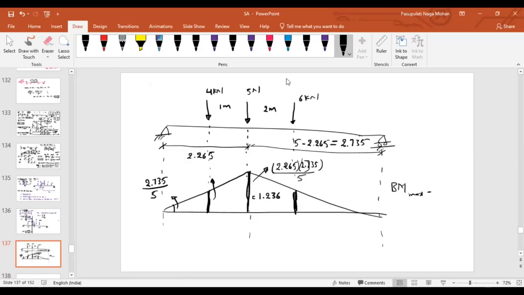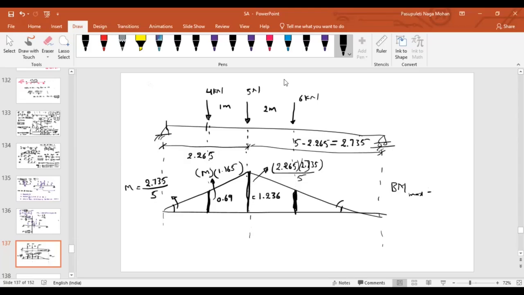If I'm treating this slope as M, what about this ordinate? M into what is the distance? From here to here, what is the distance? 2.265 minus 1, 1.165. How much will it be? 0.69.